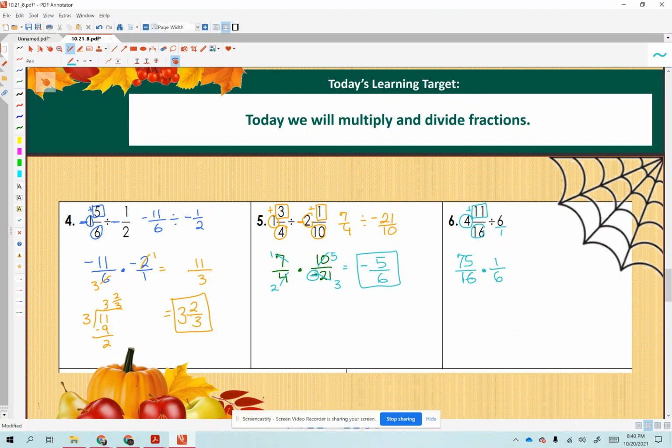So I cannot simplify the 16 and the 1 here, but I can divide the 75 and the 6 by 3. So 6 divided by 3 is 2. 75 divided by 3 is 25. So that got me to reduce my numbers a little bit.